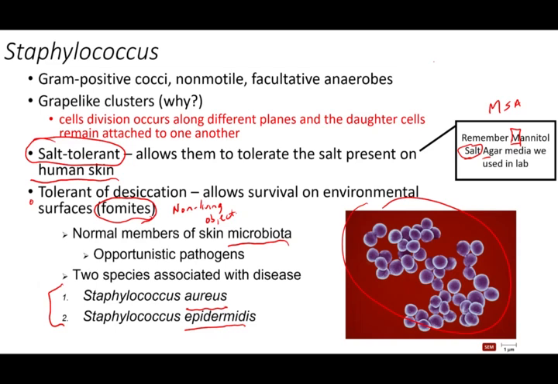So that allows them, if they are on somebody's skin, to survive off the host for some period of time. And this also, as we'll see later on, allows them to be an important cause of nosocomial infections, those healthcare acquired infections that we've talked about before as well.